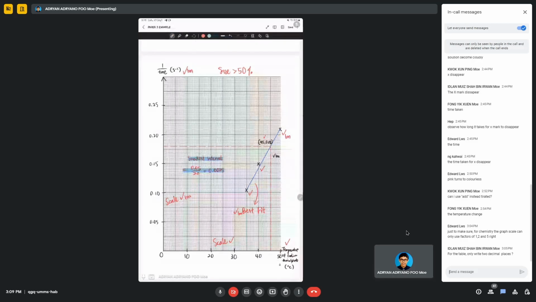Y-axis 0.05, 0.10. Okay, let's say nanti your data maybe dekat paksi Y tu yang you kena data yang panjang. So you buat landscape lah. Pandai-pandai you adjust. Okay, graph mesti lebih 50% lah. Kalau tak, tolak markah.